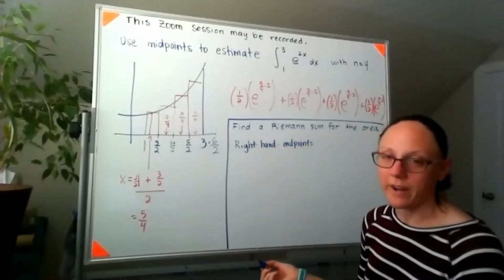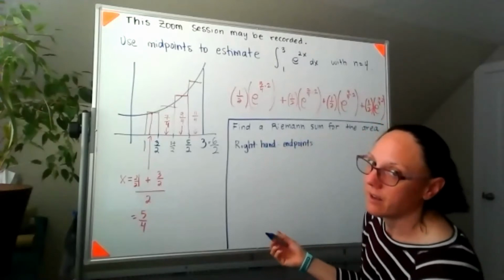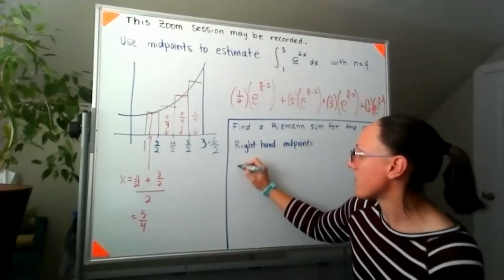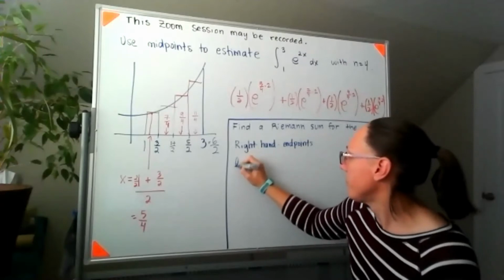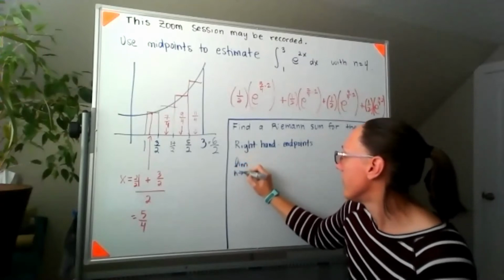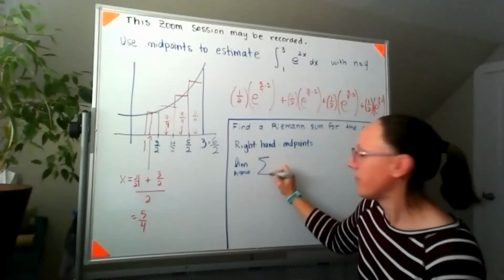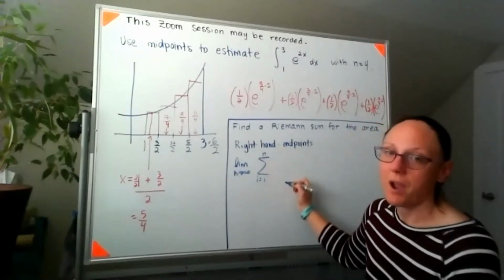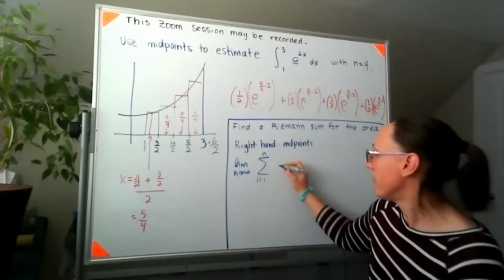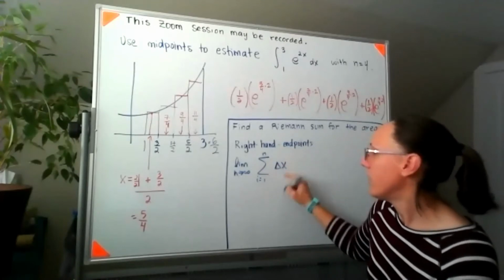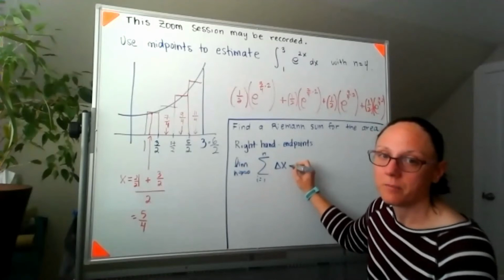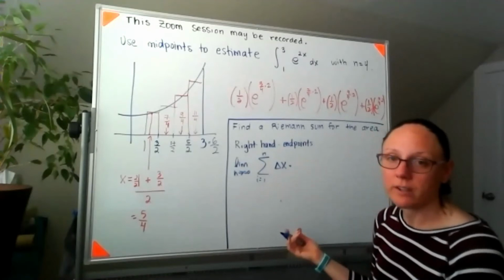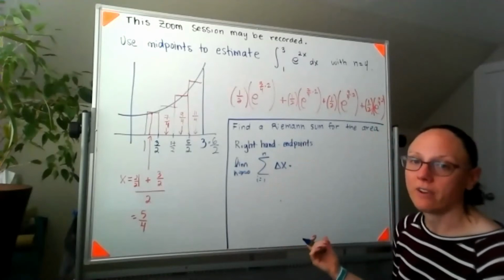So if I use right-hand endpoints, then my Riemann sum is going to look like we're going to have the sum from i equals 1 to n. We'll have our delta x. So that's like the base of each rectangle, and then we need the height of each rectangle.